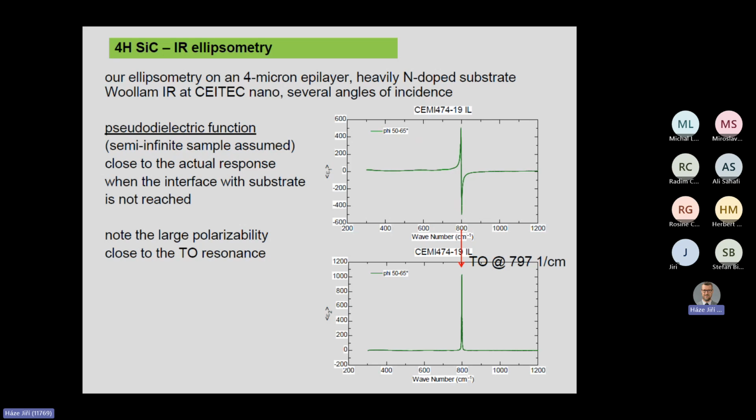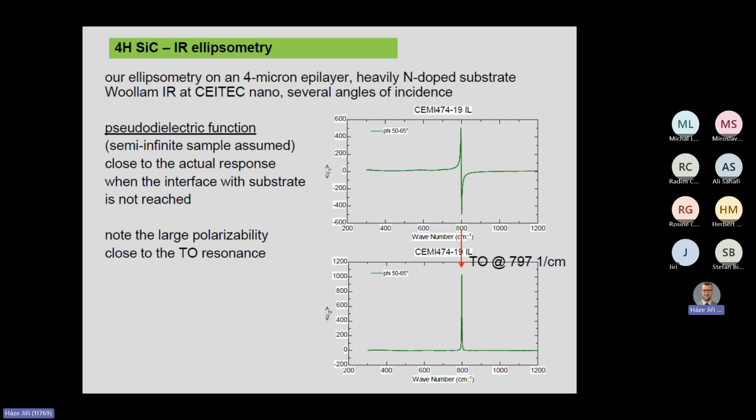The spectrum of the real part is here, and the imaginary, we call it the absorptive part. They show very clearly the strong vibration at 797 wave numbers with very large peak values here in the real part. This is plus minus 500, which is strong for the permittivity.